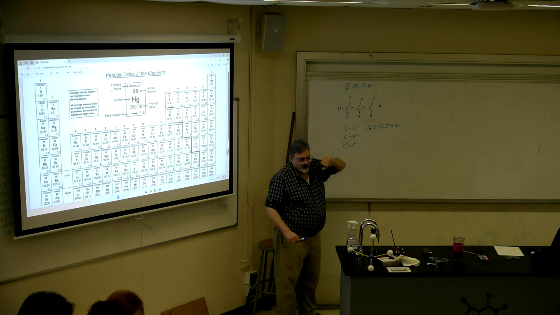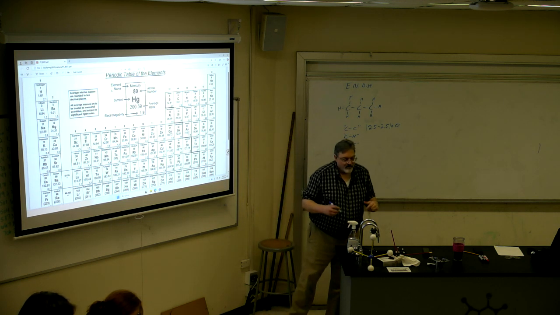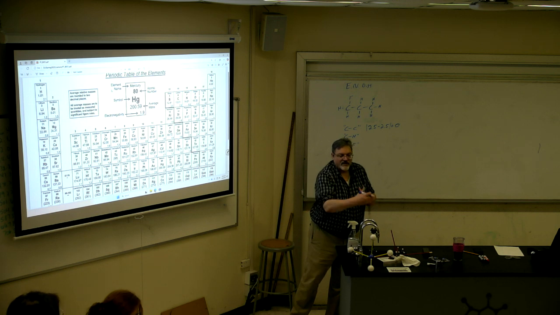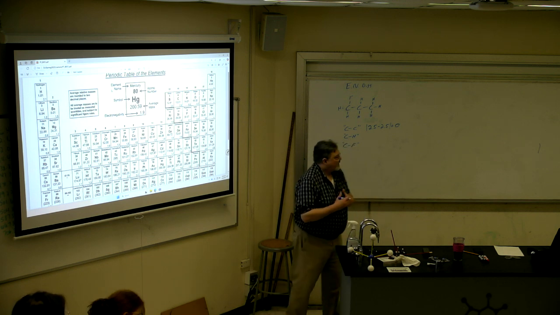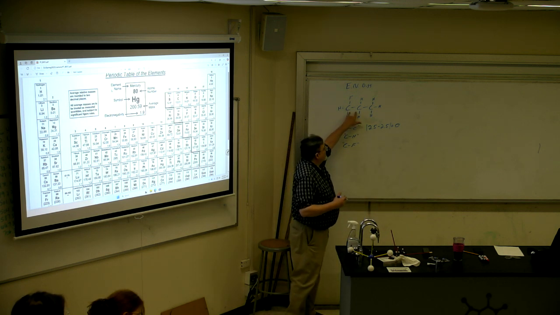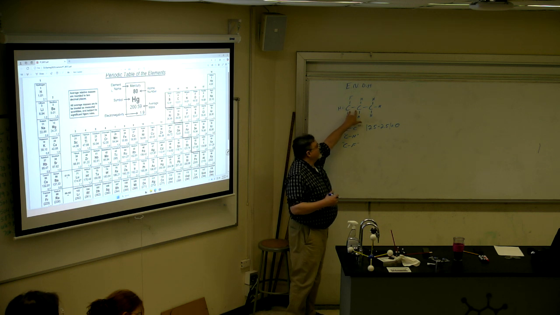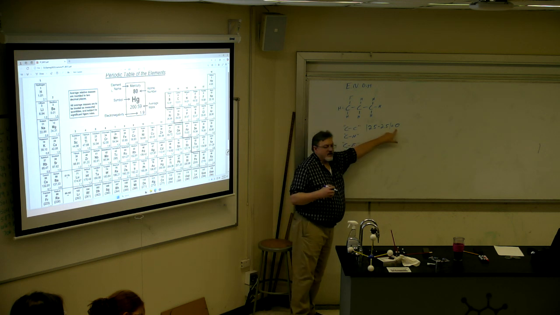Electronegativity refers to the ability, the strength of an atom to pull electrons towards itself. Since carbon is the same, this is the same atom, carbon to carbon, they pull on the electrons the same degree, so they end up with 0 electronegativity difference.